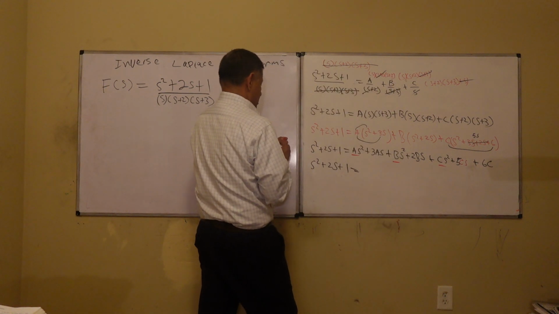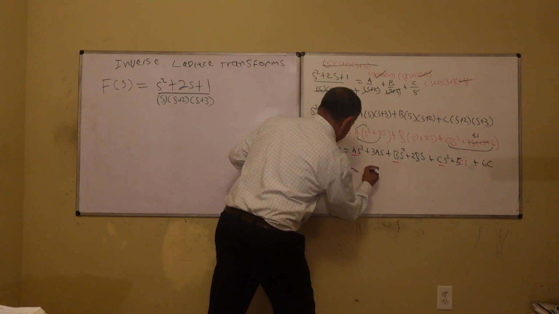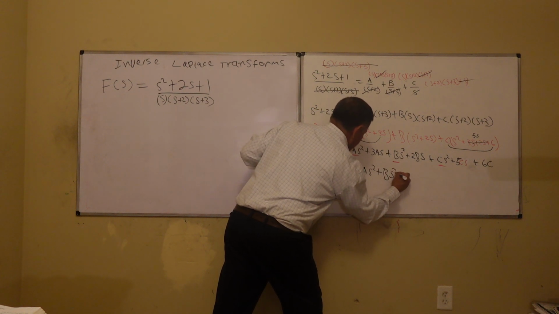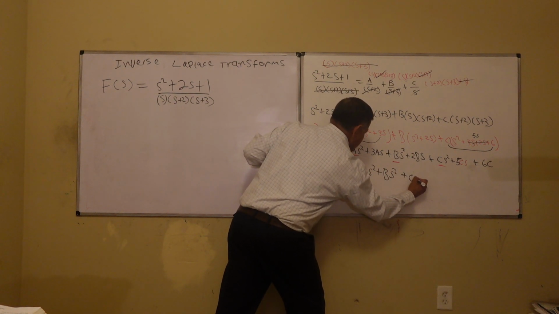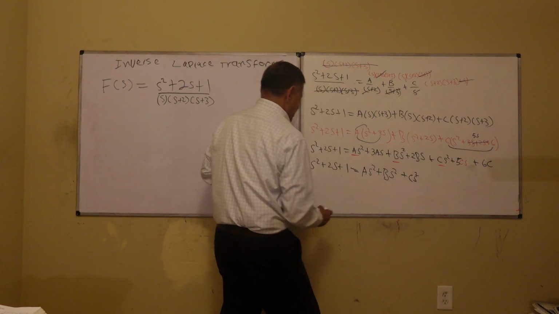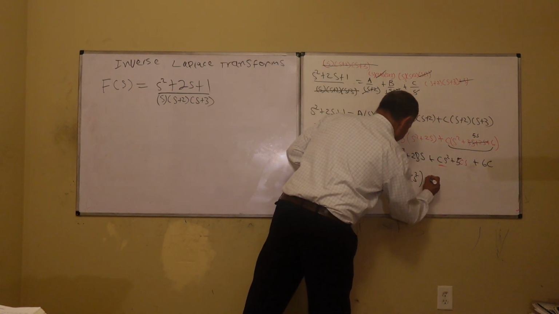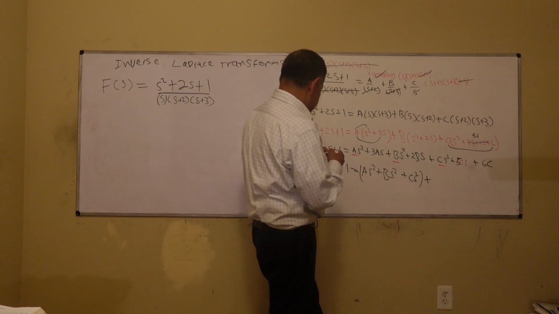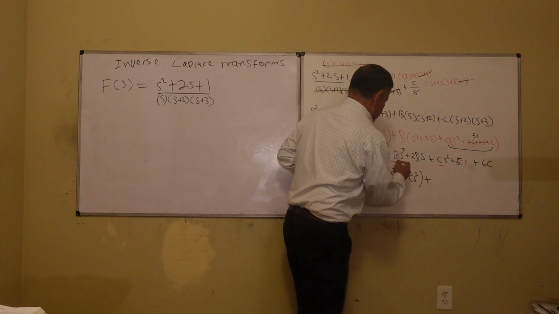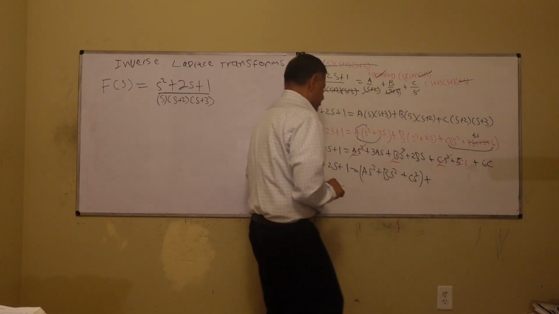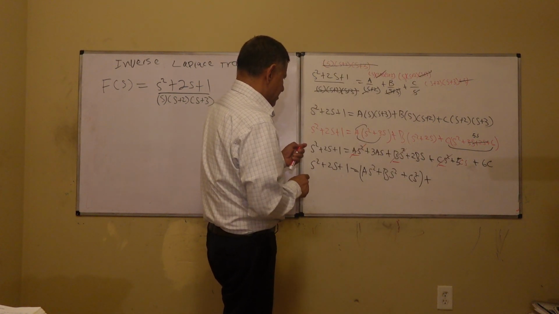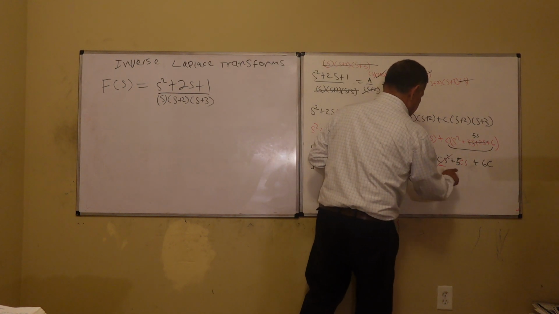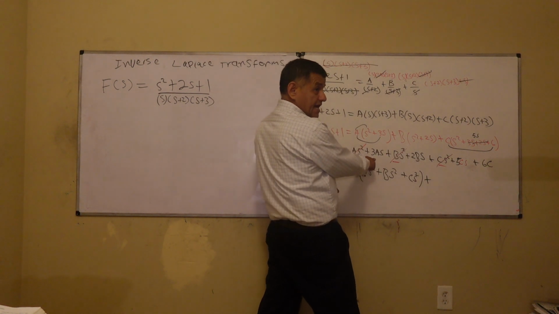So AS squared plus BS squared plus CS squared, right? And put parentheses around, and then plus. So this is gone, not gone, but just accounted for, right? Now, what is next? Next is 2BS and CS and 3AS, right?